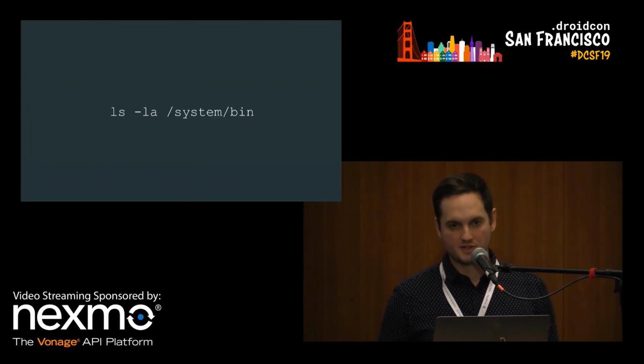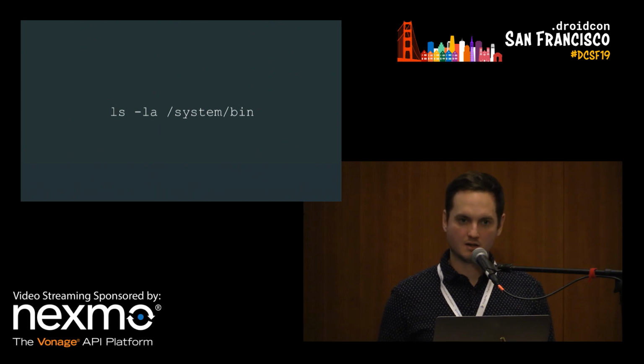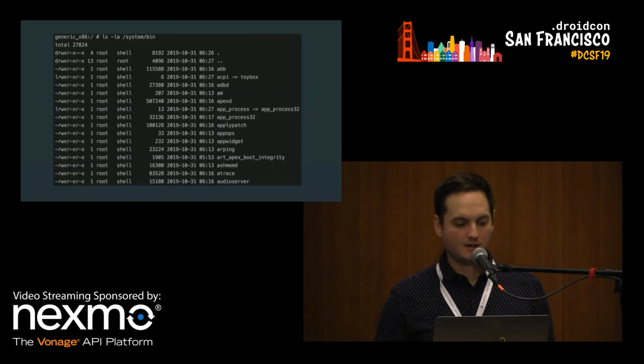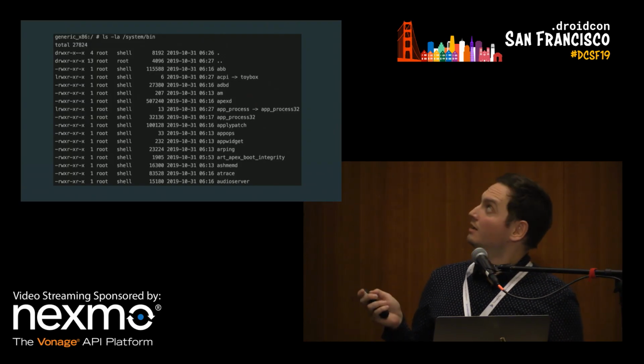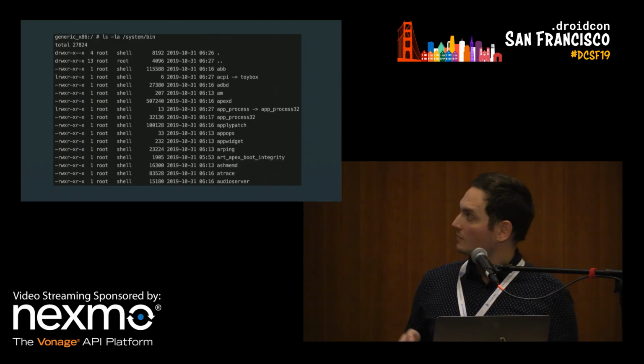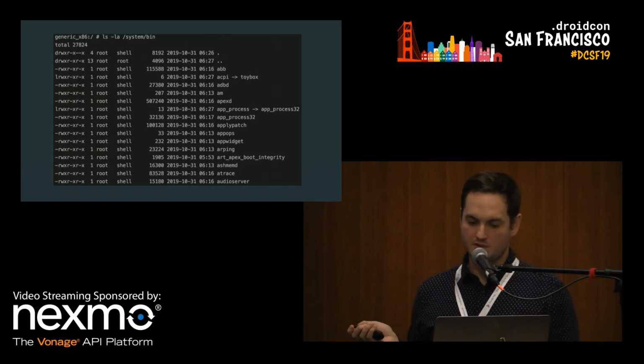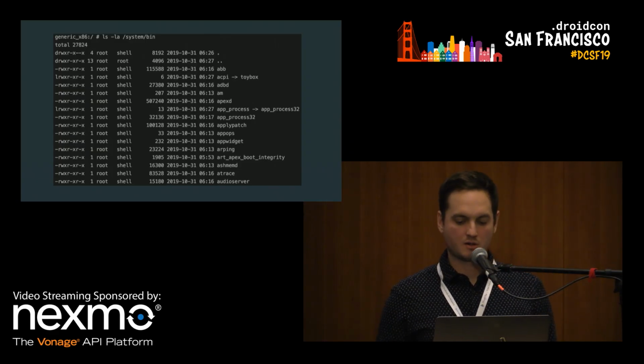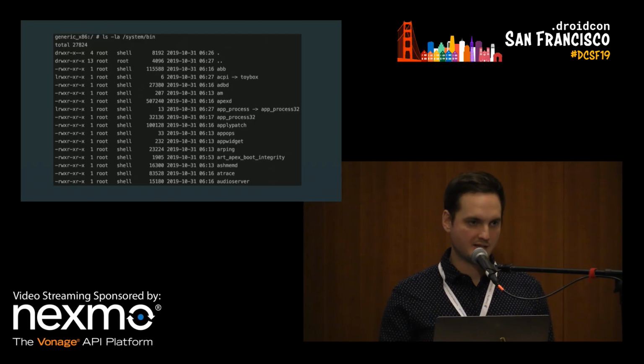If we go to system/bin, we can see all of the binaries that we can interact with through the command line, and on some generic system image of an emulator, there are 27,000 of them. We can see things like activity manager or audio server, and they are all here, and things like grep, ps, ls, print working directory, they are all here as well.